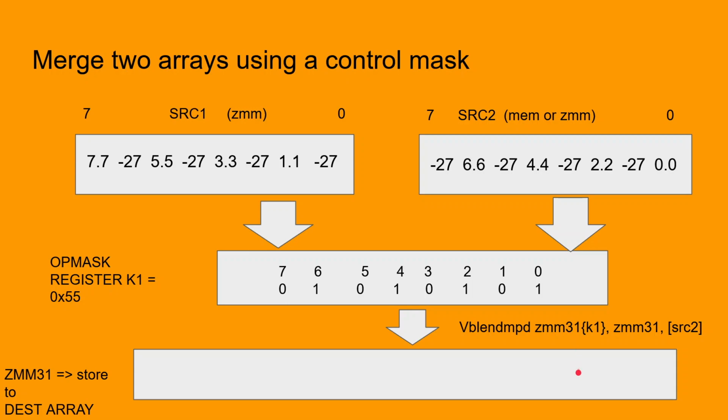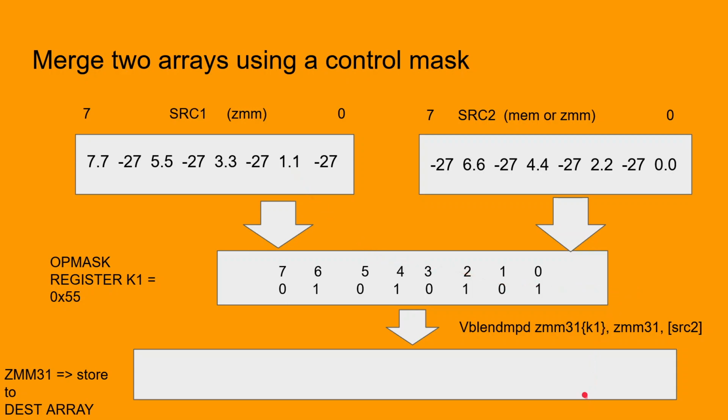For each index in the destination array, the corresponding op mask register bit is consulted, and if that bit is a 1, the element for that index is updated by the source 2 array. If the bit is a 0, the element for that index is updated by source 1.